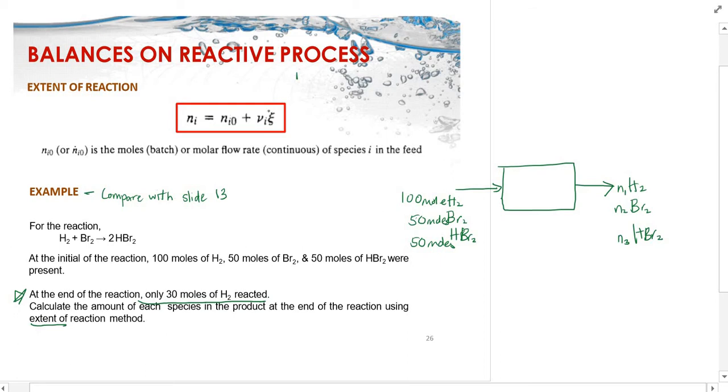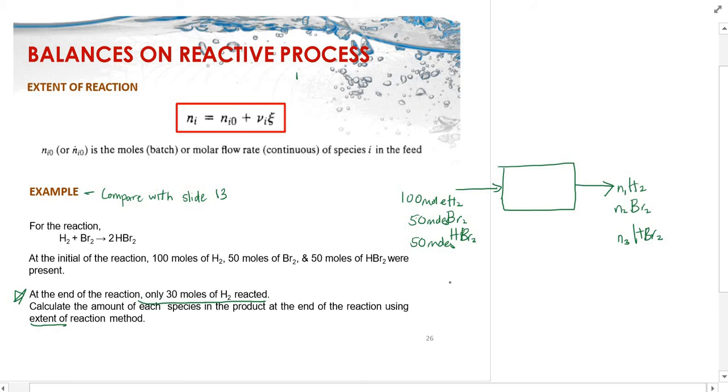Let's use this formula to calculate the extent of reaction first, and later use that value to calculate the amount of the other species.